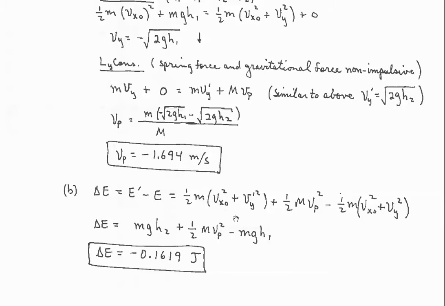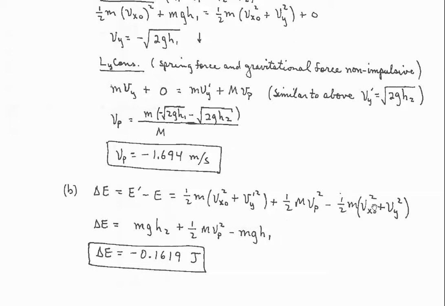So what we're left with to calculate this is 1/2 m Vy prime squared. The Vy prime is given by the square root of 2gh2. So what we get out of this is just the mgh2. And then this term right here is 1/2 M Vp squared.